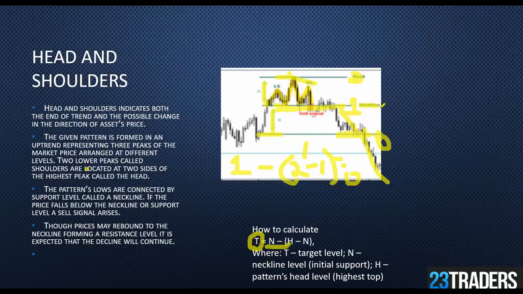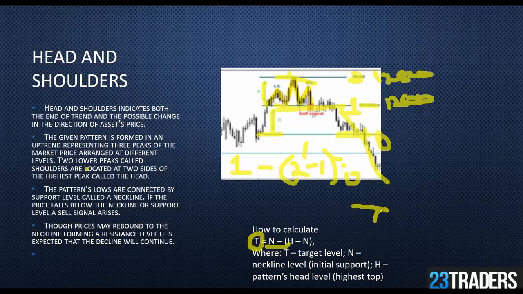So if this was gold, and the neckline of gold happened to be at $1,200, and it peaked at the head at $1,250, we would then set our target at what?